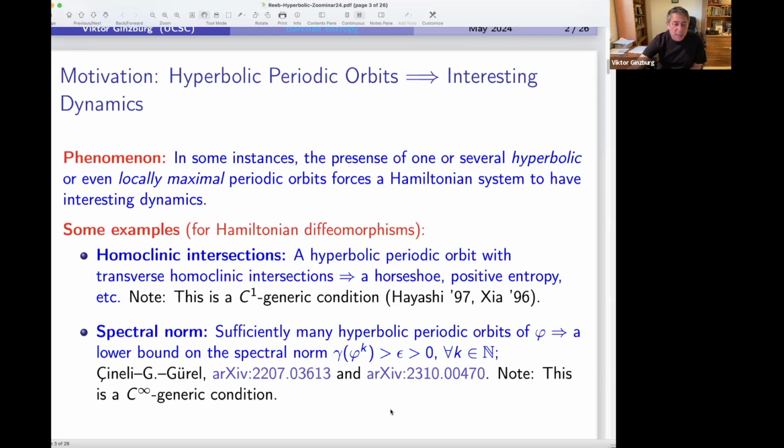And this is, again, a C infinity generic condition. So these are two examples where the existence of a hyperbolic or locally maximal periodic orbit has interesting dynamical implications.